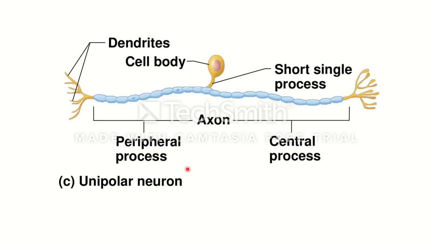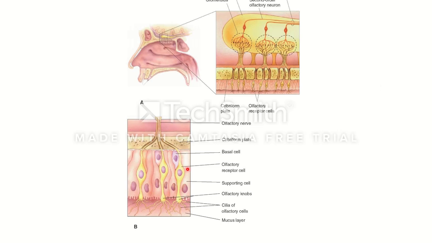For example, in the epithelial cells of olfaction, or the epithelium that is dedicated to smelling. So this is the first neuron of this system, and this is a bipolar neuron.